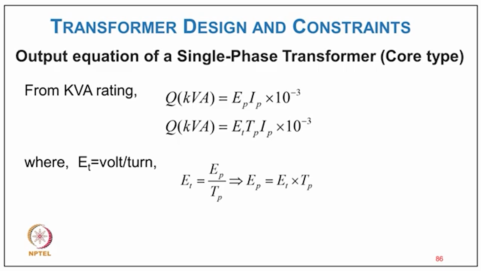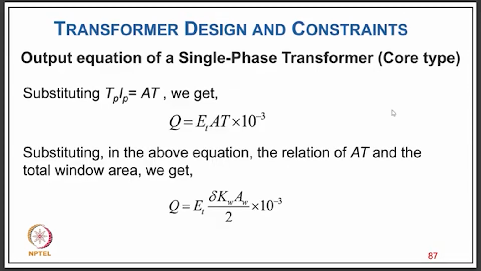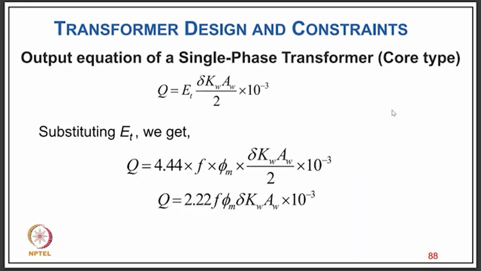We are just putting the value of EP in terms of ET into TP. Now substituting TP IP equal to AT, we can say Q equal to ET into AT into 10 power minus 3. Substituting the above relation between AT and the total window area, we get Q equal to ET into delta KW AW by 2 into 10 power minus 3.